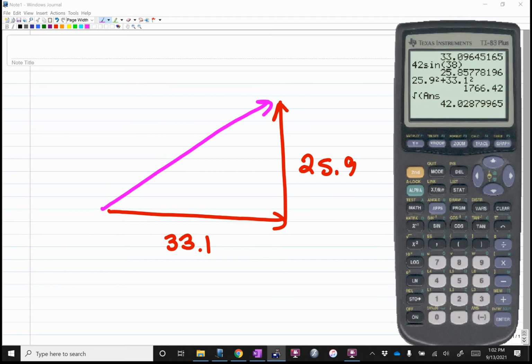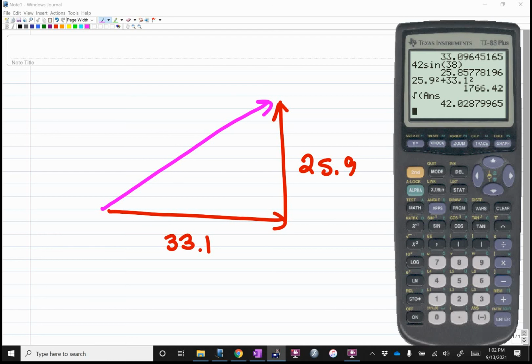It's not quite, because both of these are rounded off values, and if I use rounded off values to find a new answer, I'll be off by a tiny bit. But if I had carried each of these to 5 or 6 sig figs, I'll bet I would have 42.00002 or something. I'd be really, really bang on.